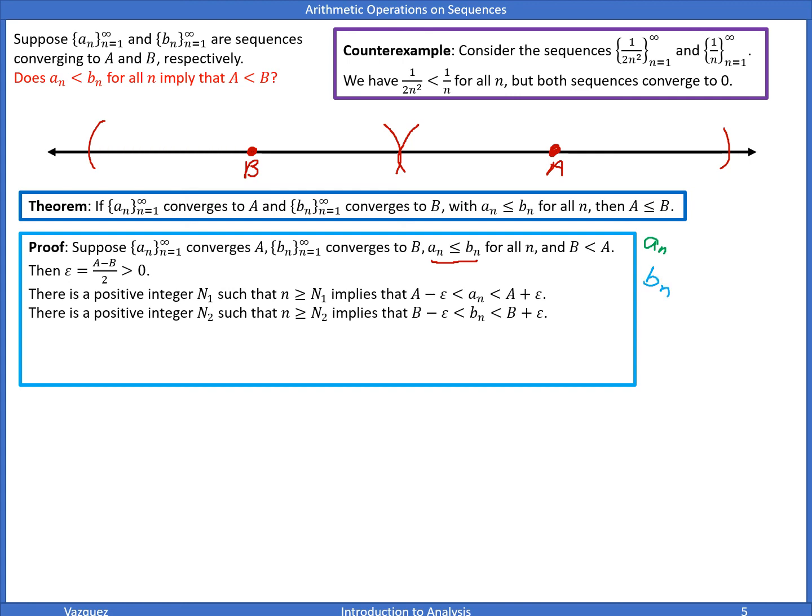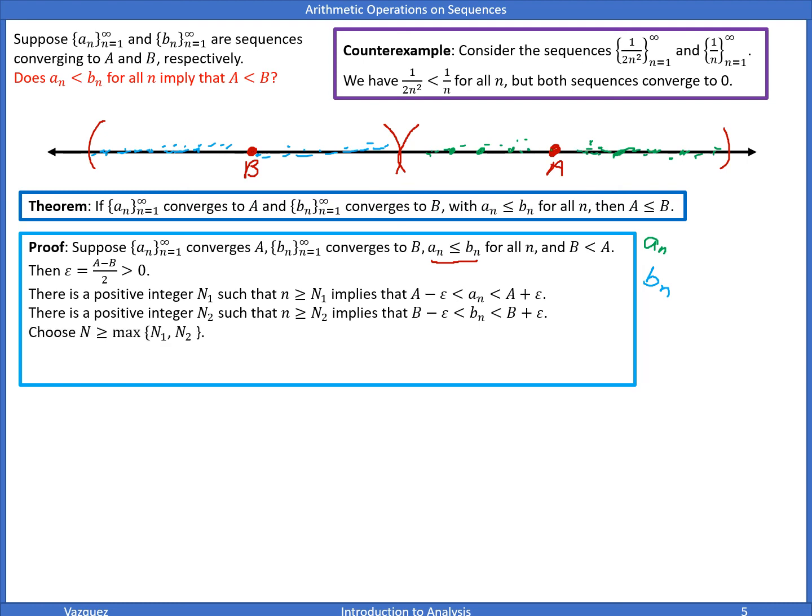So after the positive integer n1, all the terms of an are in this neighborhood. All but finitely many after that n1. After n2, all but finitely many of bn are in here. I'm just drawing a bunch, but there are infinitely many points in this neighborhood and infinitely many points in this other neighborhood of their respective sequences.